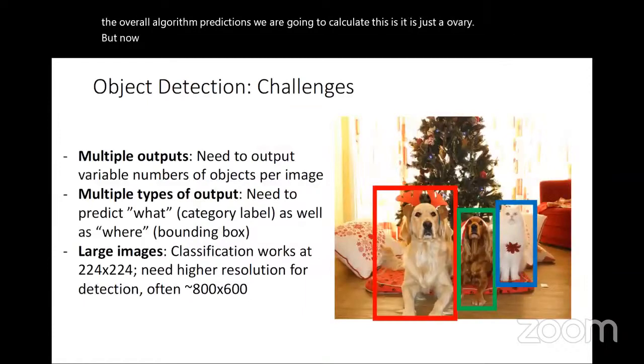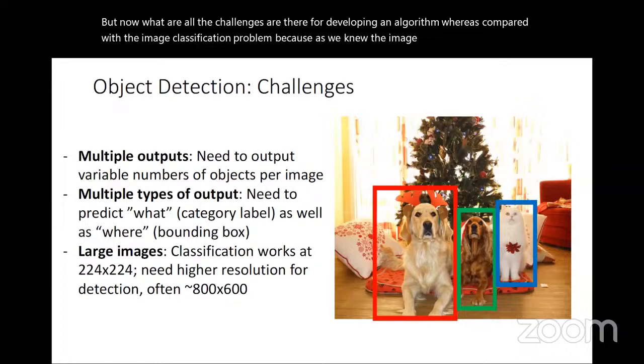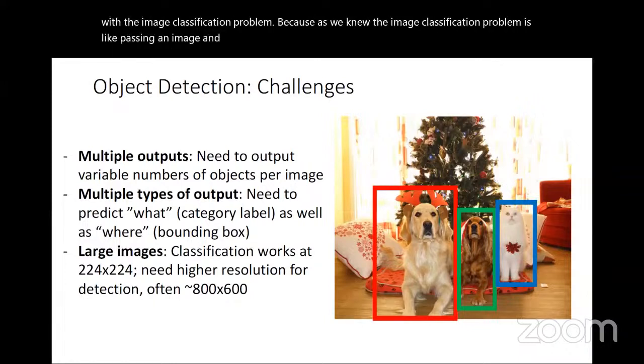But now, what are the challenges in developing an algorithm compared with the image classification problem? As we know, image classification is like passing an image and getting the desired output.